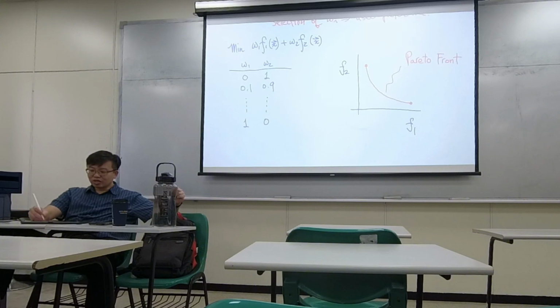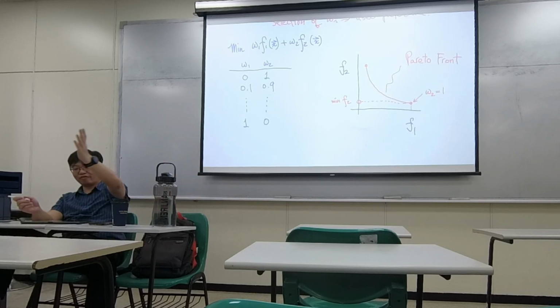So here is F2 equals 0. Why? Because right here, you are getting the minimum F2, right? But in this particular case, your F1 could be pretty bad. Your F1 value is large.